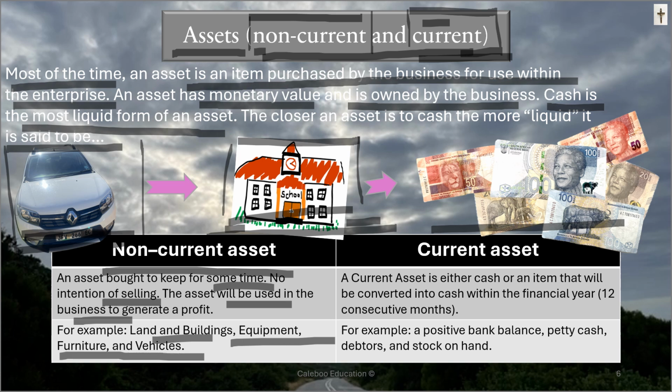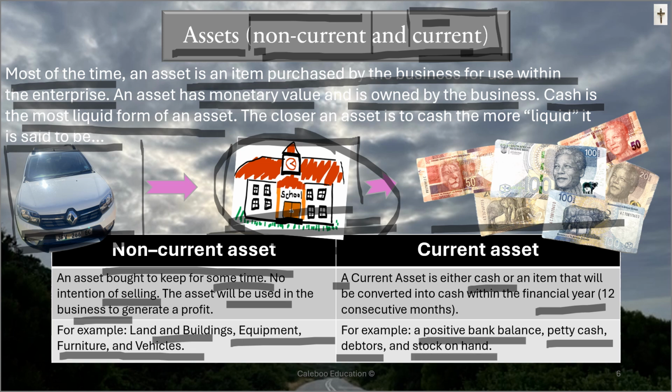They are long-term assets, non-current assets. Now, a current asset is either cash or an item that will be converted into cash. For example, a debtor within 12 months. Examples of current assets: a positive bank balance, petty cash, debtors or accounts receivable, trading inventory, stock on hand.